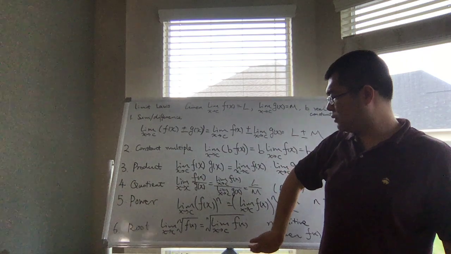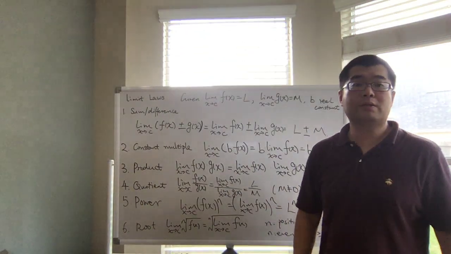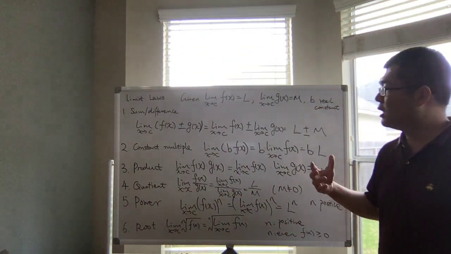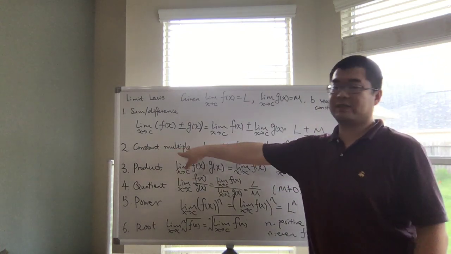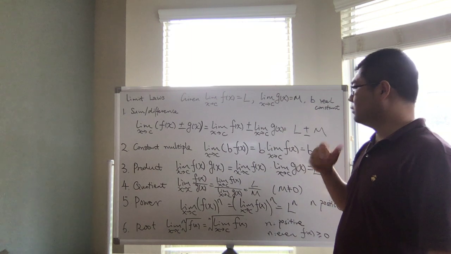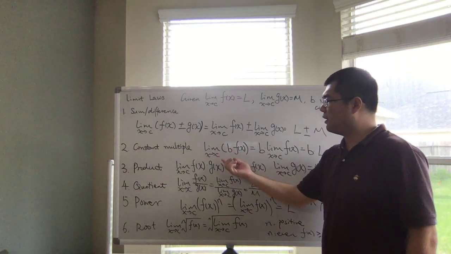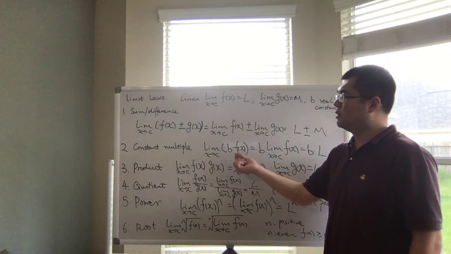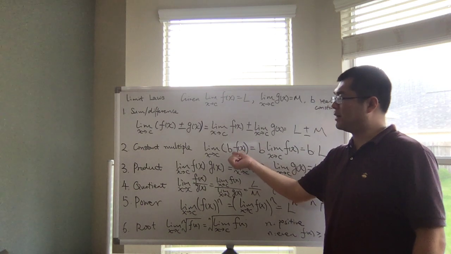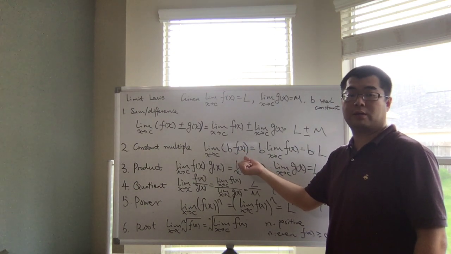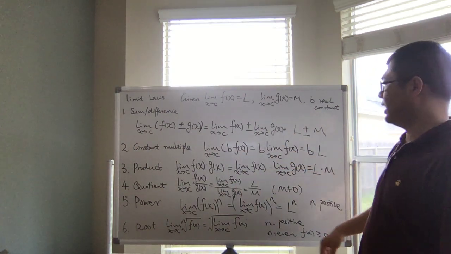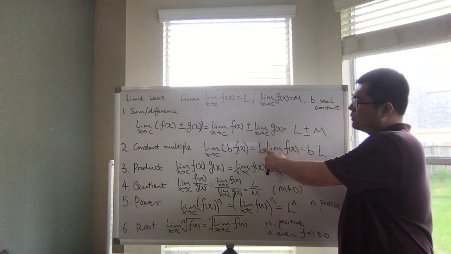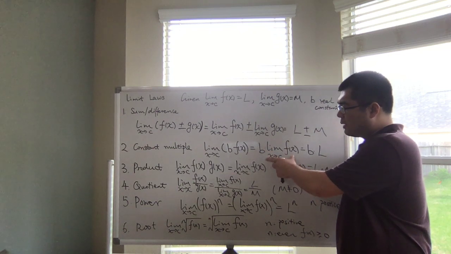Okay, now let's move on. The other rule is called the constant multiple rule. What it says is if you try to evaluate a limit and the function is a constant times a function, then you can always pull the constant out, and it equals the constant b times the limit of the function f of x.